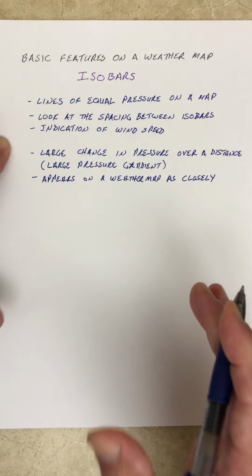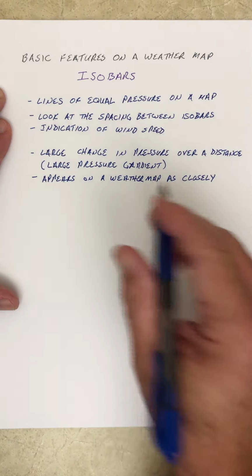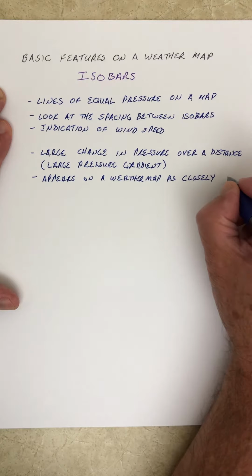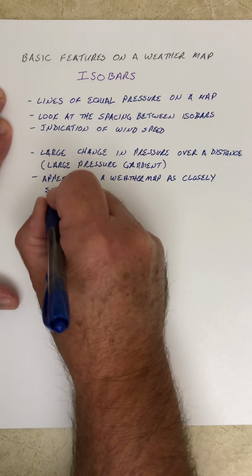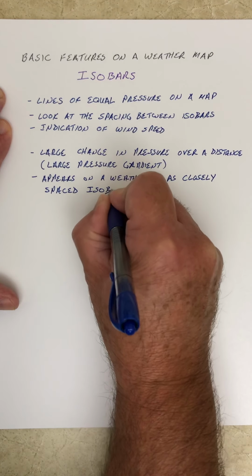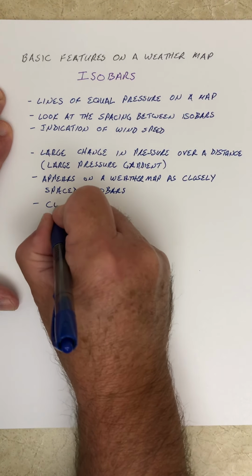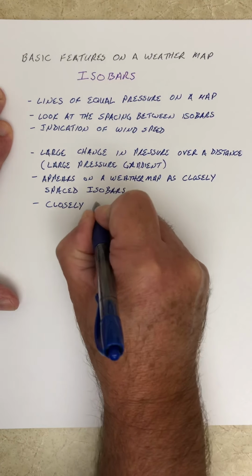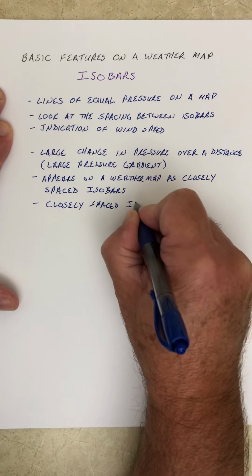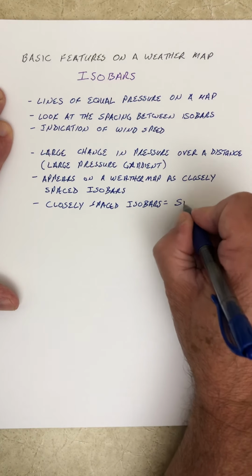So whenever you see those isobars closely packed together, we refer to that as a large pressure gradient. The important thing here is that closely spaced isobars will equal strong winds.